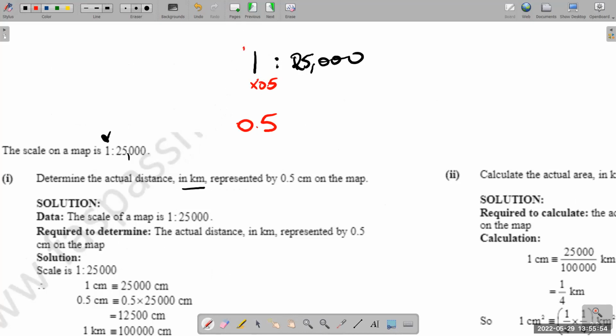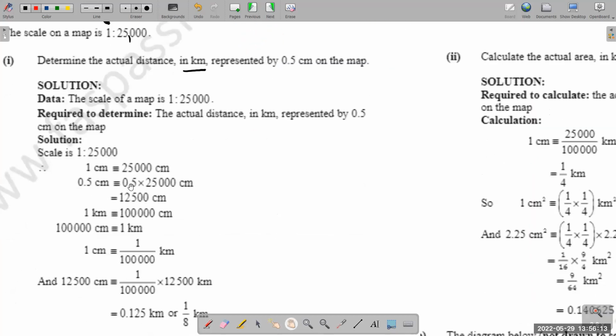Remember, that's always the key. Once you know 1, you know any number, right or wrong. So if they had asked for 2, we would have multiplied by 2. If they want 0.5, you multiply by 0.5. Whatever you do to one side, you do to the other side, right or wrong? Look at here. That's the answer.